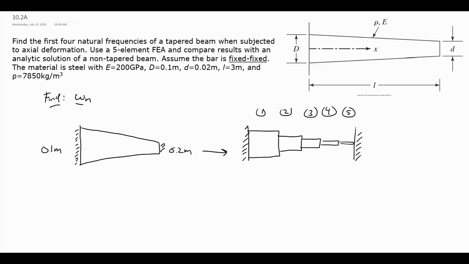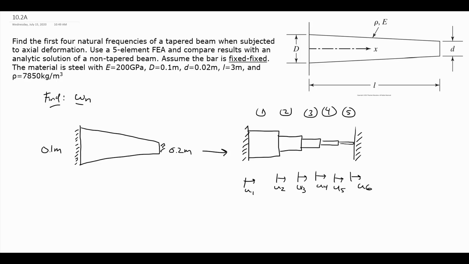And then we're going to have our degrees of freedom, which we will have here: U1, 2, 3, 4, 5, and 6. That is the horizontal motion of each node.